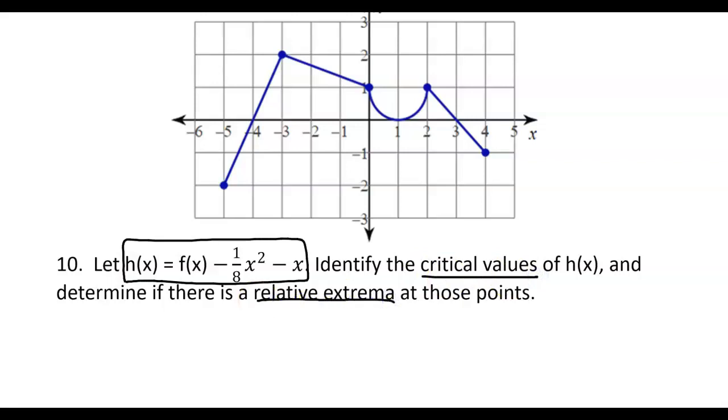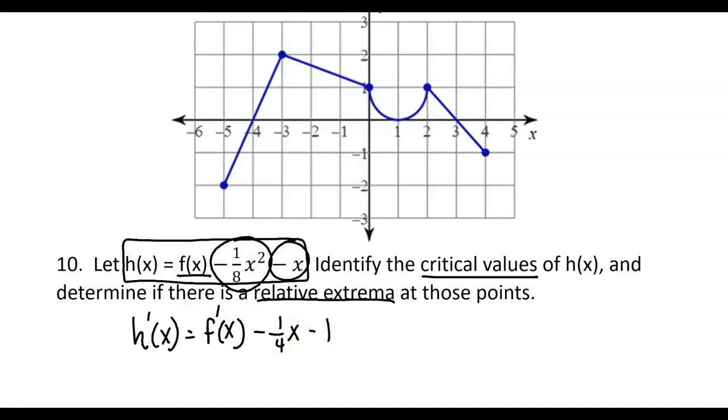So how do we find critical values? Well, you find your derivative and you set it equal to 0. So h prime would be equal to the derivative of this minus the derivative of that, which is 1/4 x, minus the derivative of that, which is 1.